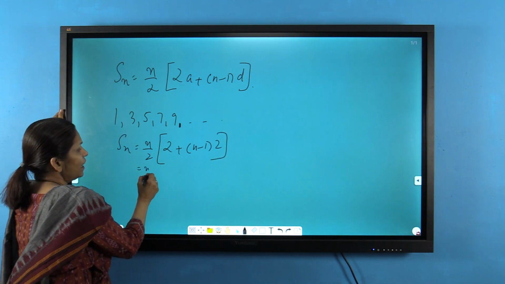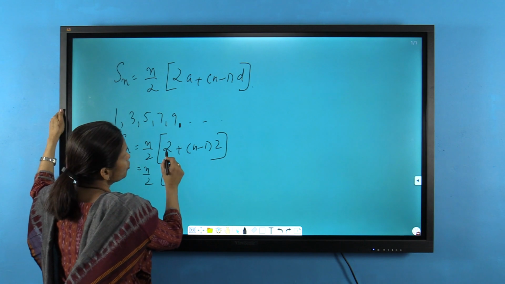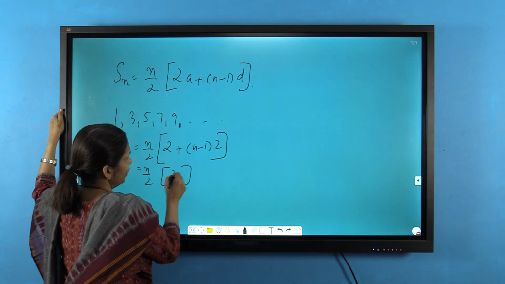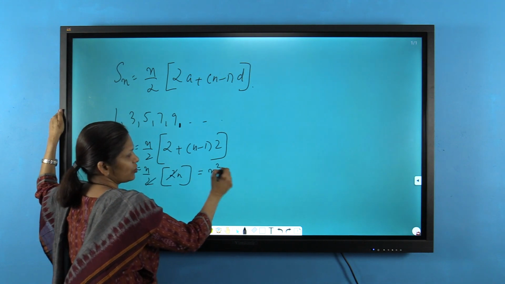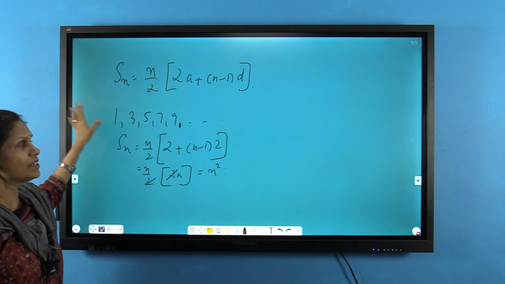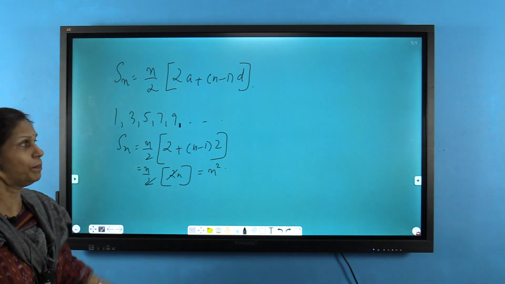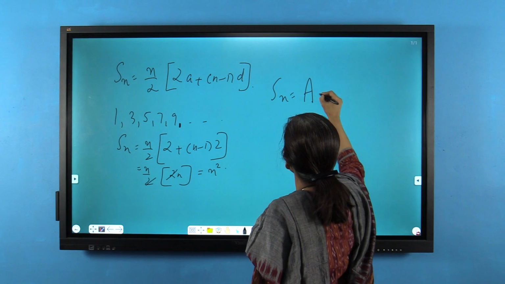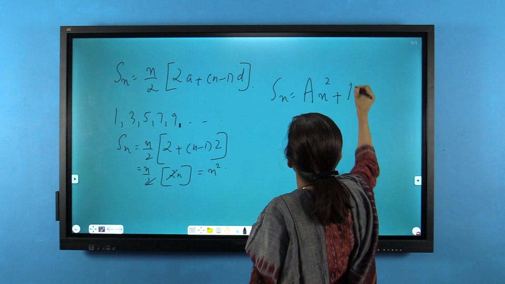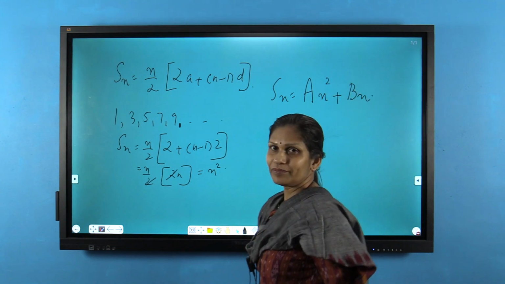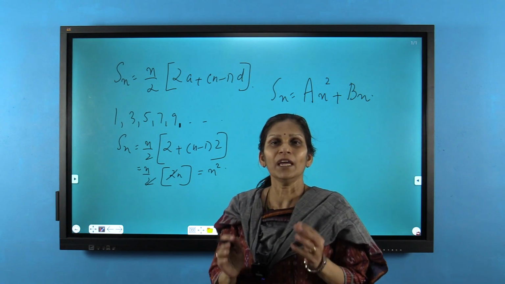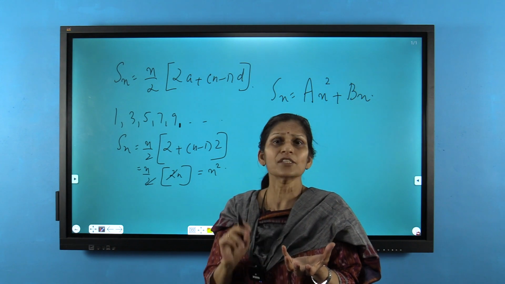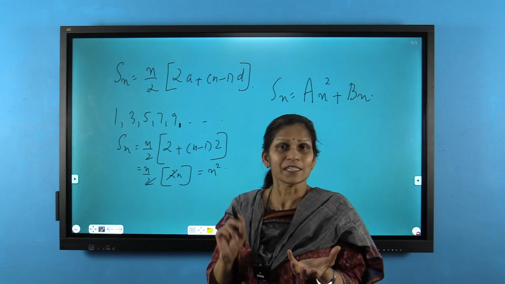So, this is n by 2 into (2 plus 2n minus 2), so that is just 2n. That is n squared. It is not a great example to have taken, because actually if you look at an AP, the sum to n terms will always be of the form a n squared plus b n. Sum to n terms of an AP will be a quadratic in n without the constant term.